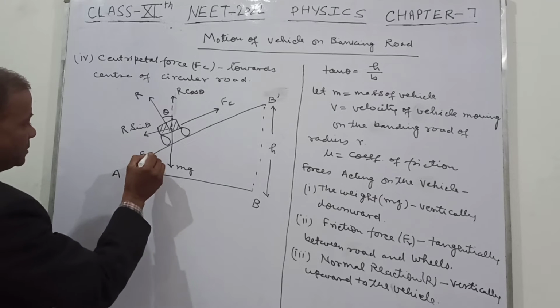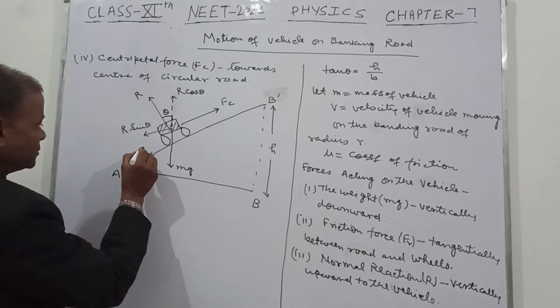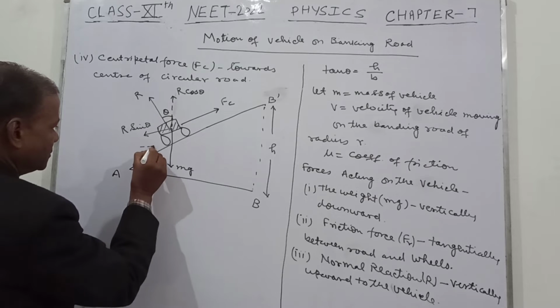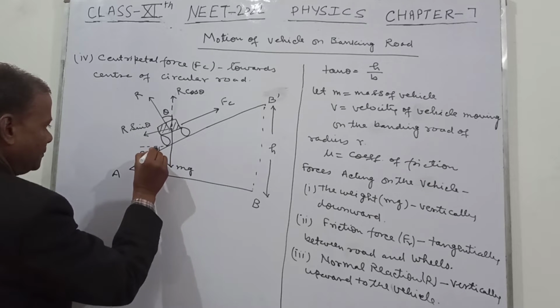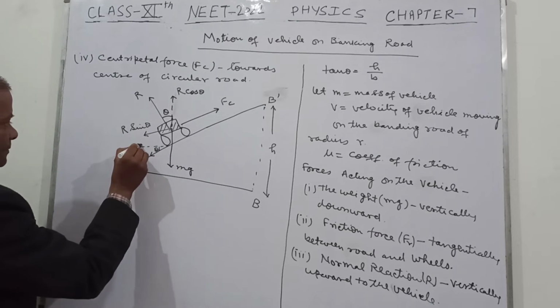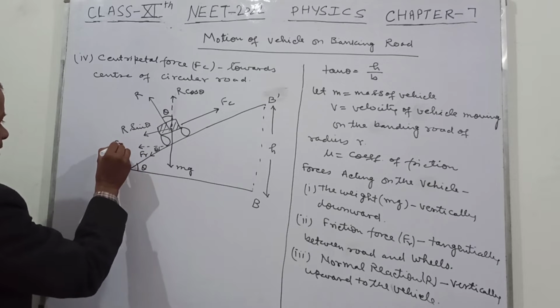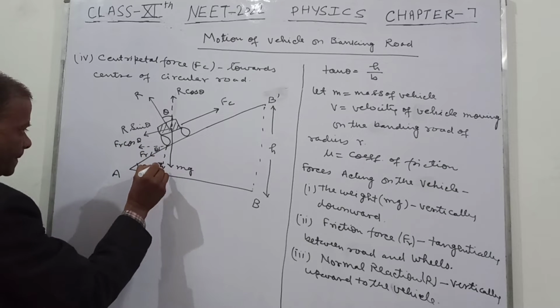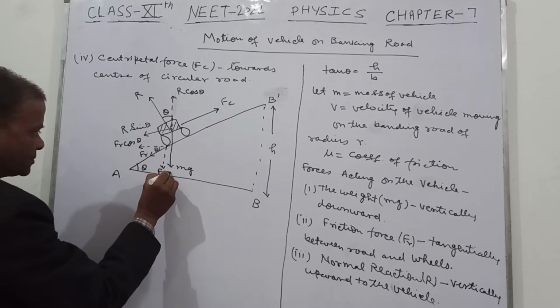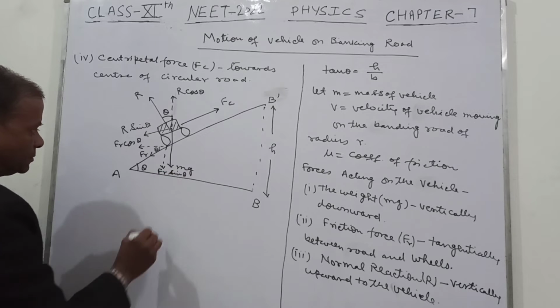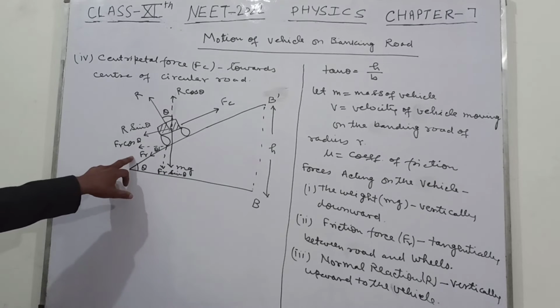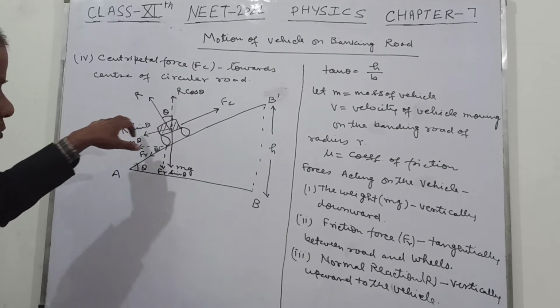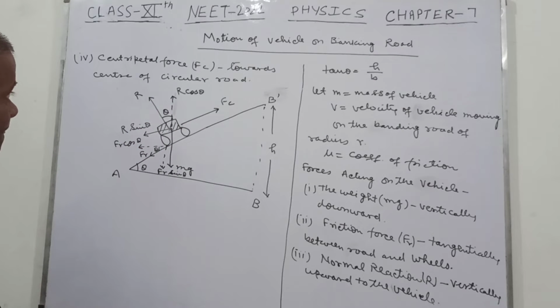Similarly, if we take the frictional force Fr, it will again have components. This angle will be theta, so we will have Fr cos theta and Fr sin theta. These are the components of the frictional force and the normal reaction.